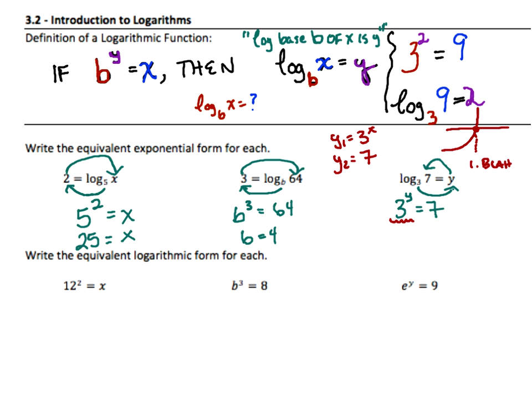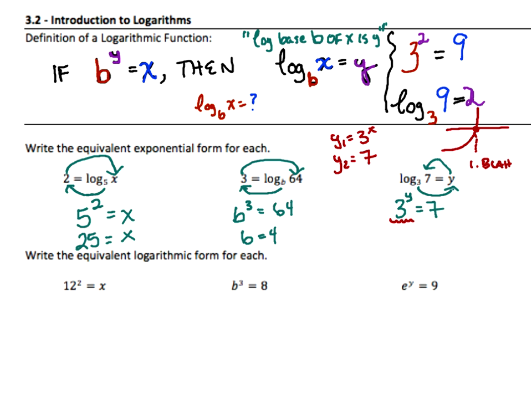So basically what we're going to be learning for the rest of this chapter and for the rest of the semester actually is how to solve these things without having to go and graph them on your graphing calculator, because you don't always have a graphing calculator, and it can be cumbersome to have to graph everything. So we like to have an algebraic way of solving these.